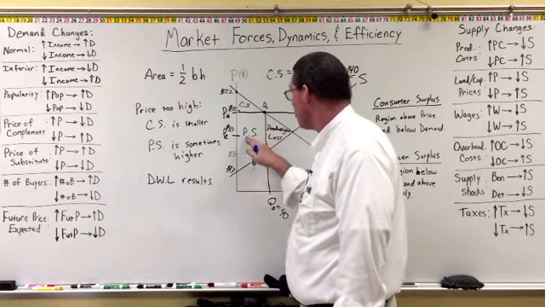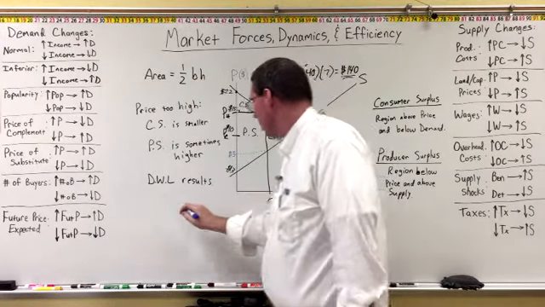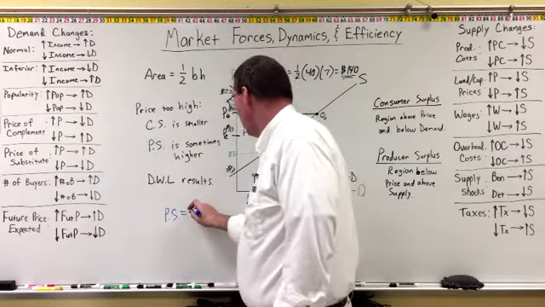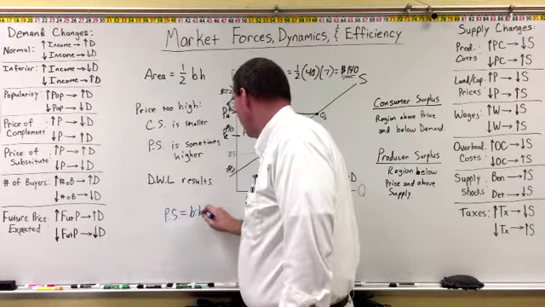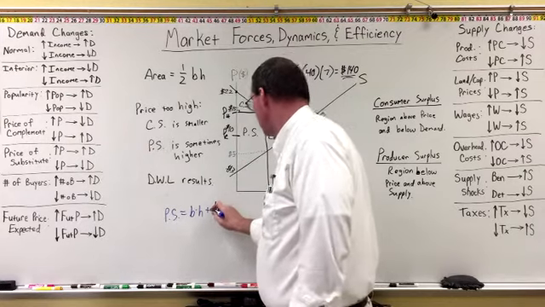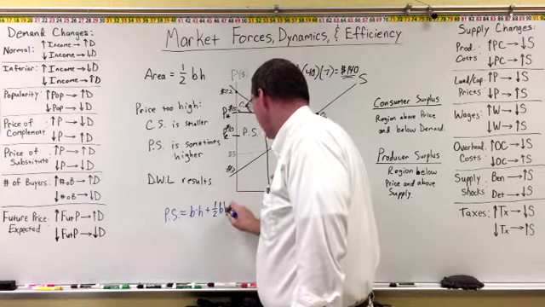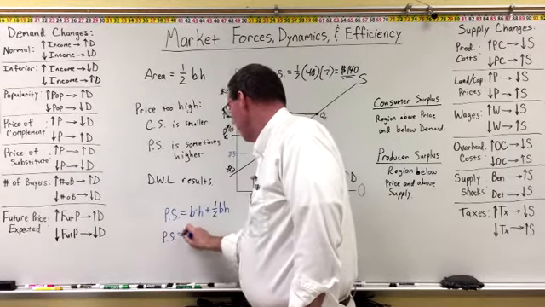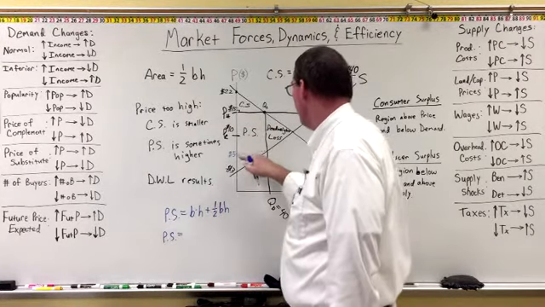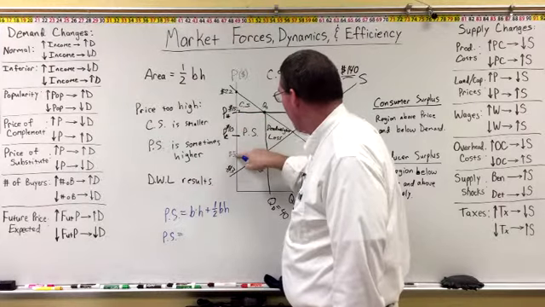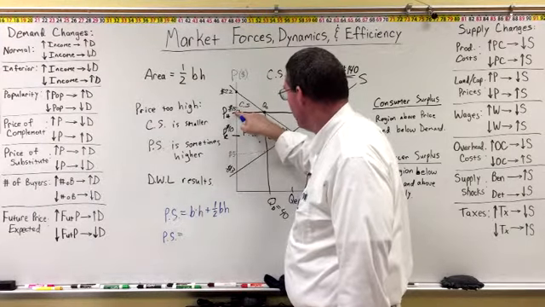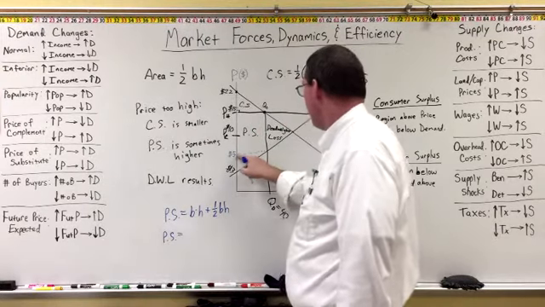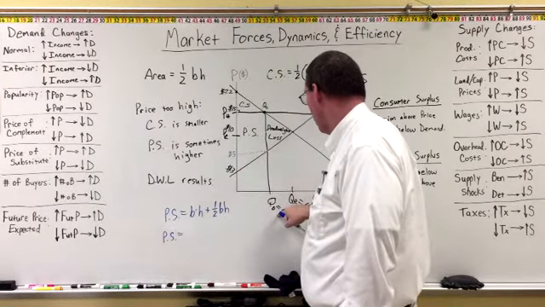So now what we have is a rectangle. Producer surplus is going to be equal to a rectangle, which is base times height, plus a triangle, which is 1/2 base times height. But it's a different base and a different height. The rectangle's height goes from 5 up to 15, and 15 minus 5 is 10. The base is the quantity, 40.